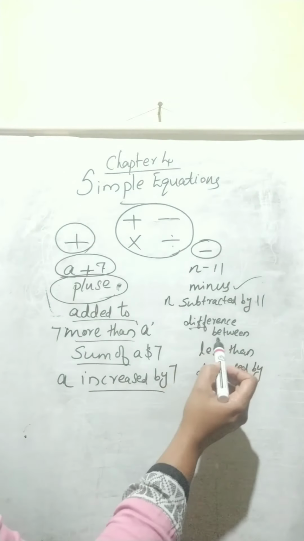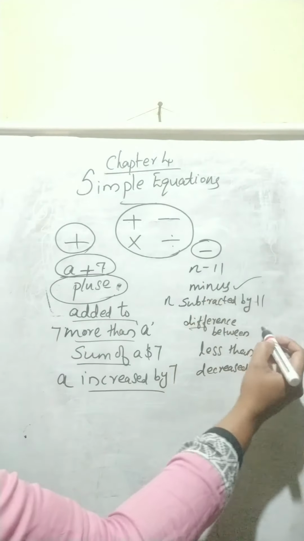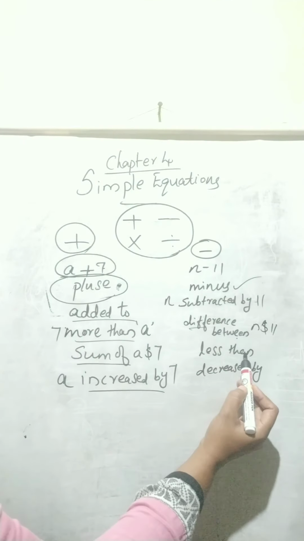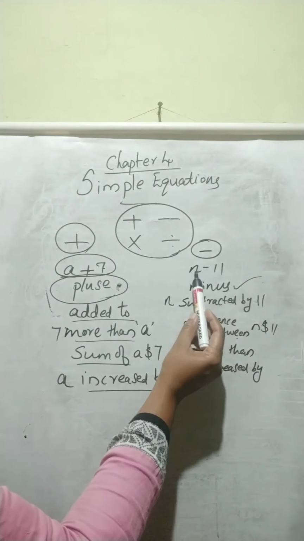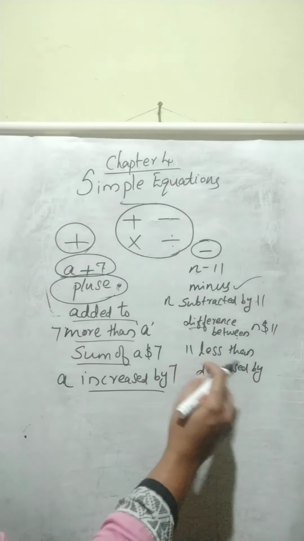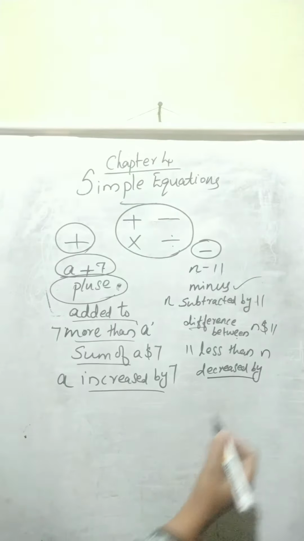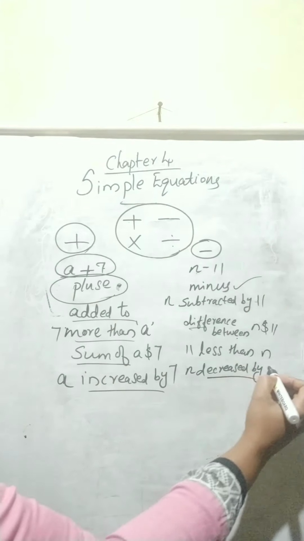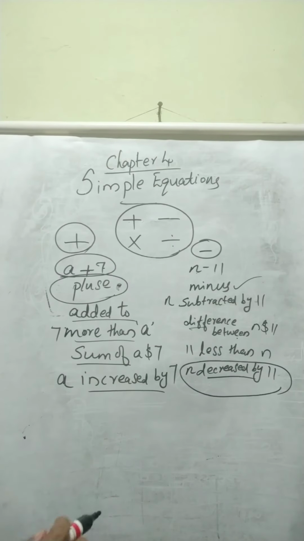Another word is difference between, that is the difference between n and 11. Less than, that is 11 less than n. Then decreased by, that is n decreased by 11. These are the phrases for the operation subtraction.